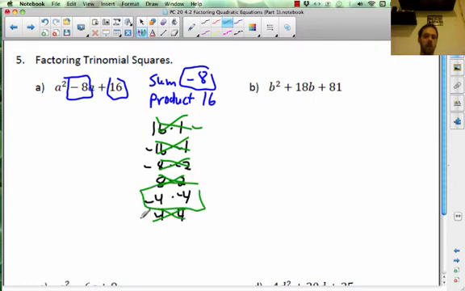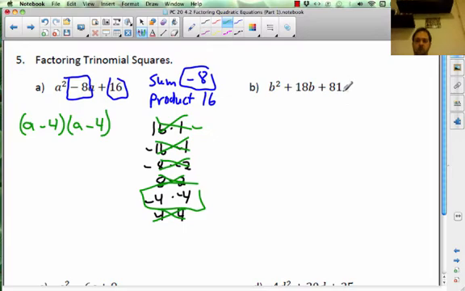These are our two factors, minus 4 and minus 4. So we break this thing down and we go a minus 4 times a minus 4. And there's our factored form. You can FOIL it out and you will end up with this if you want to do that, just as a brain exercise.